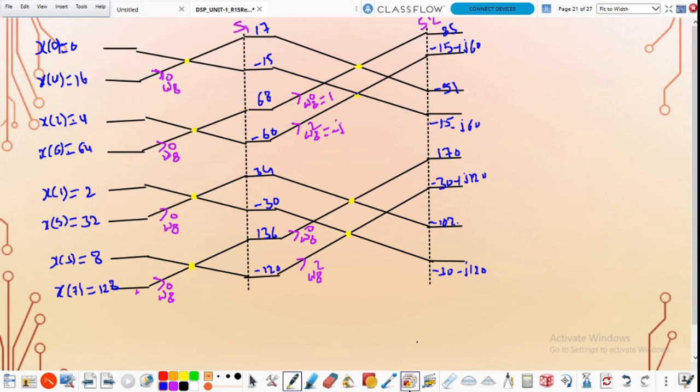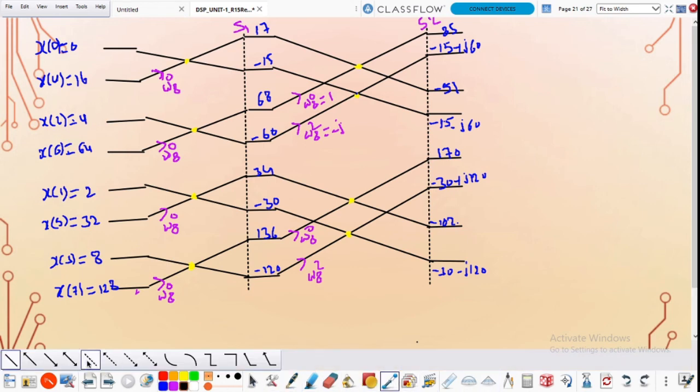Next, calculate the third stage output, stage 3 output, and stage 3 output is the final output.